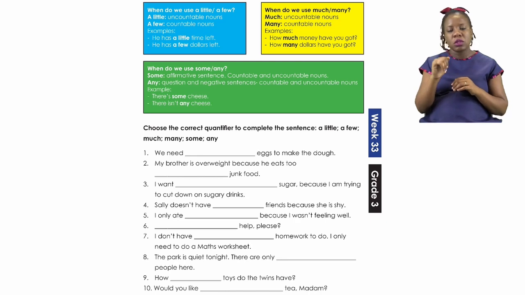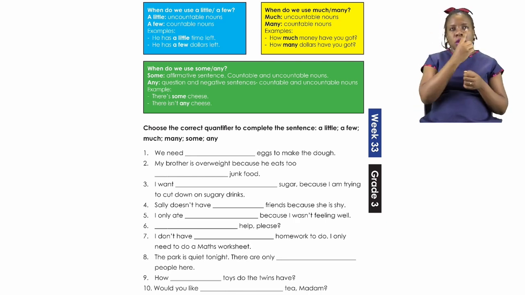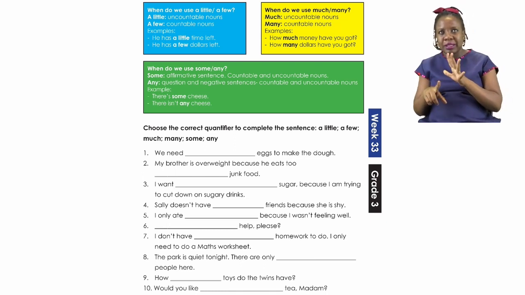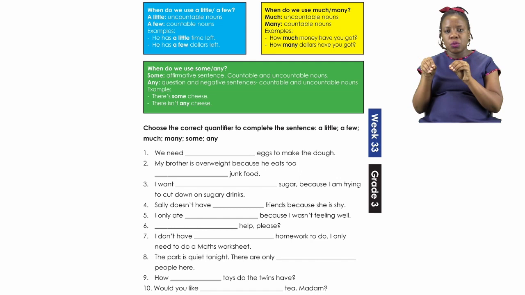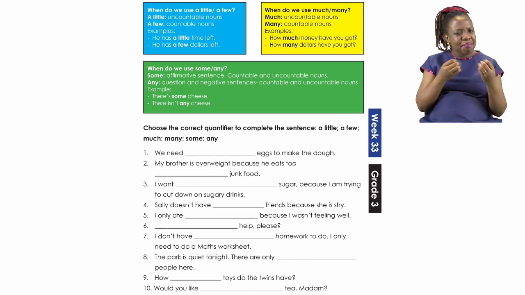Now let's quickly look at the first sentence. The first sentence reads, we need blank eggs to make the dough. Now do we know how many eggs we need to make the dough? It doesn't tell us in the sentence how many eggs we need. All right.